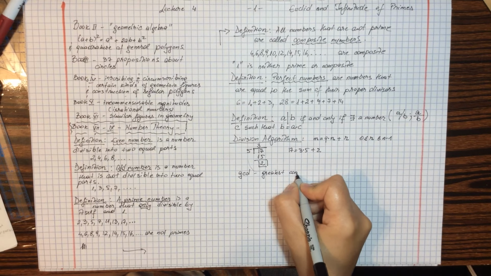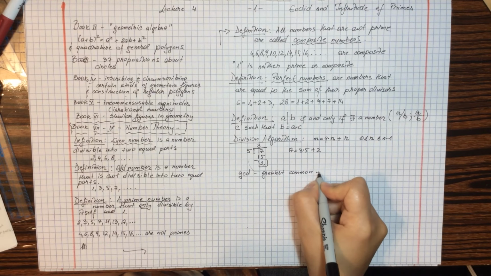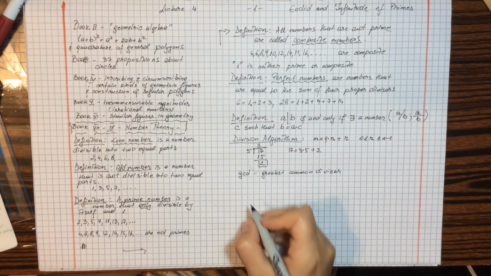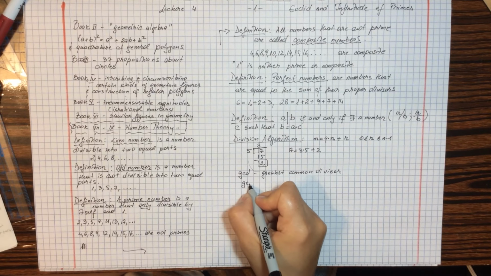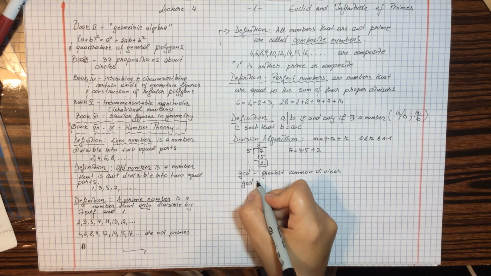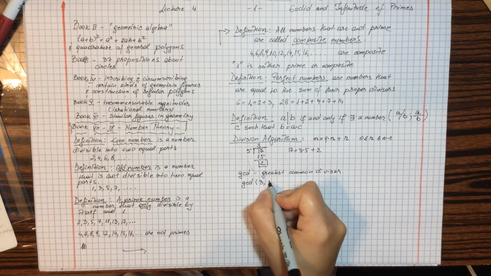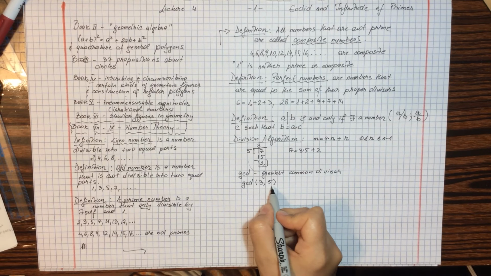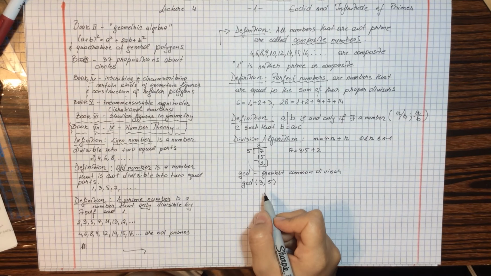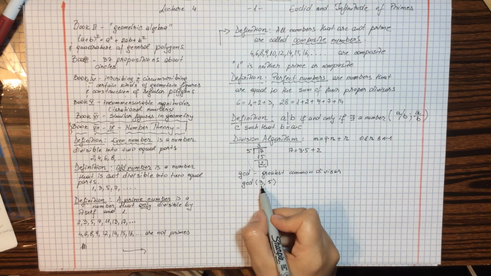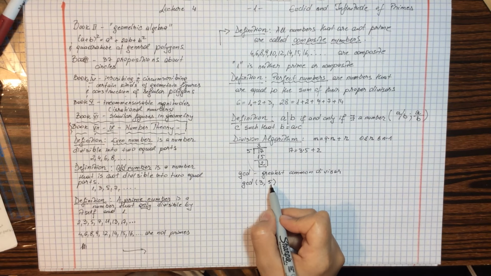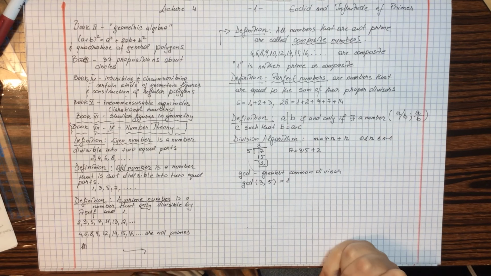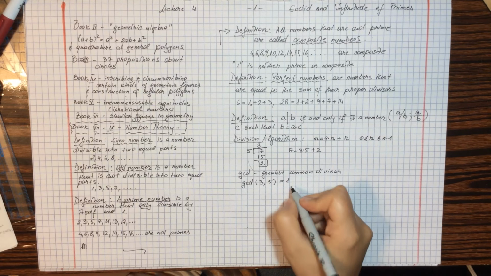For example, what is the GCD of 3 and 5? The only factor that 3 and 5 have in common is number 1. So the GCD is 1.